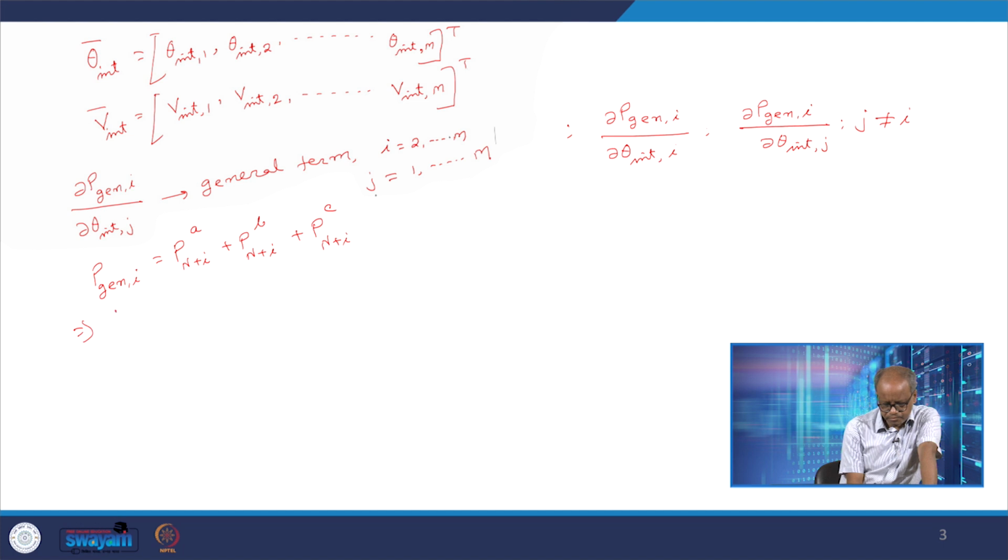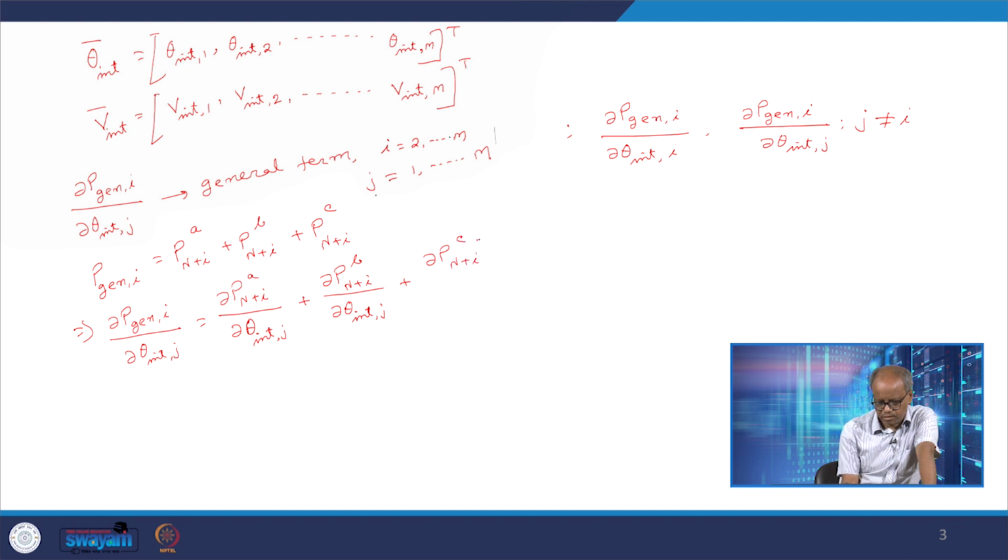So, therefore, del P gen I by del theta internal j would be equal to del P n plus Ia by del theta internal j plus del P n plus Ib by del theta internal j plus del P n plus Ic by del theta internal j. So, this would be the case.